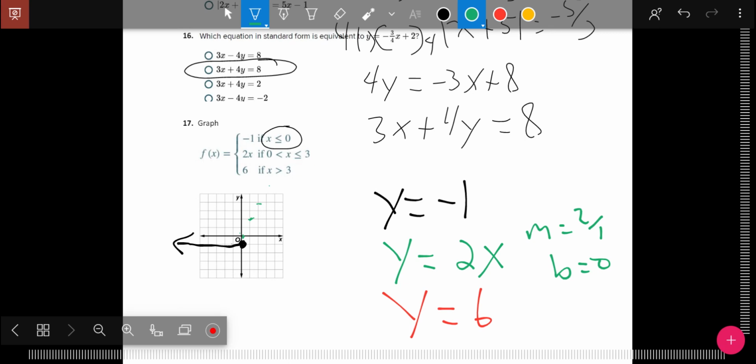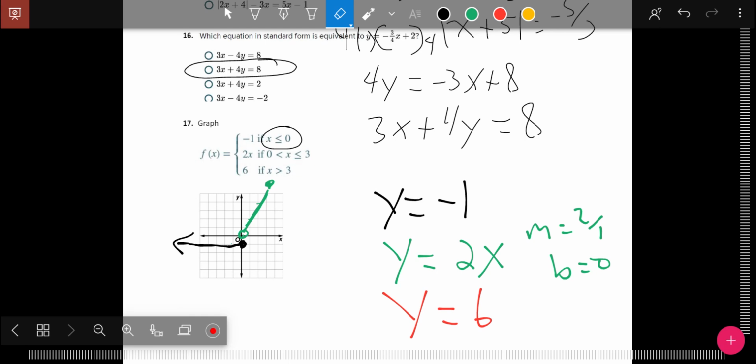And so that is my line. At 0, open circle right there. At 3, 1, 2, 3, go up, closed circle. So closed circle right there. Everything in between, x is between, so I put that there. I go and I erase everything else.